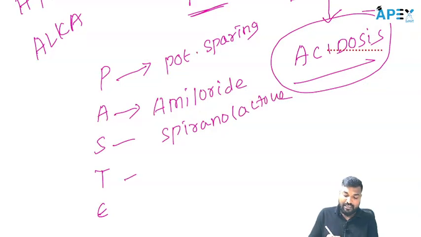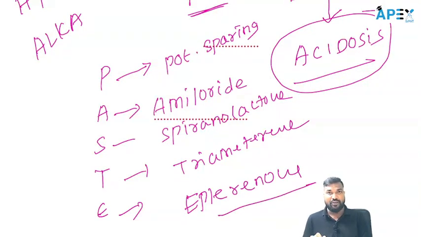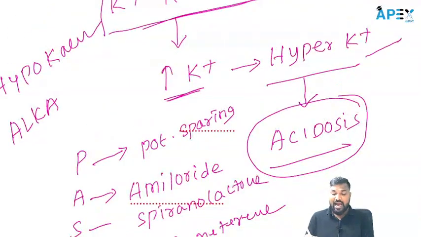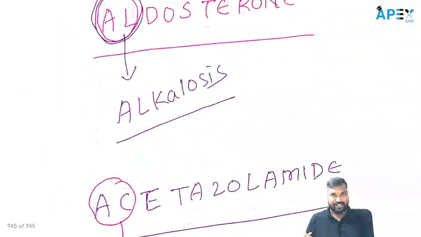T means triamterene. And E is eplerenone. So these are the potassium sparing diuretics, causing hyperkalemia and acidosis. So that is the different diuretics and what they cause.